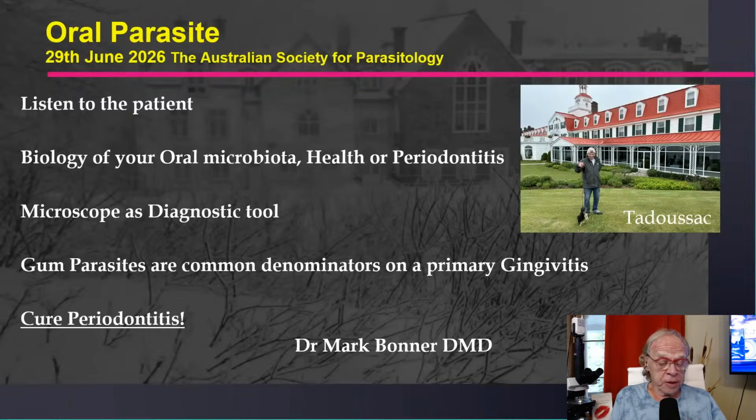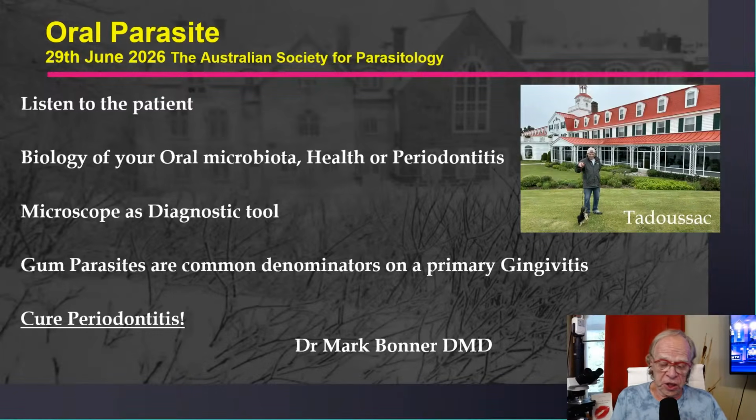And the microscope here is a marvelous diagnostic tool. Many times I could not see the patient. I look at the biofilm and I know where the patient is. So it's really a great diagnostic tool and a great tool to cure patients. Most patients, if not all patients, have parasites. This really is the common denominator of gum disease.